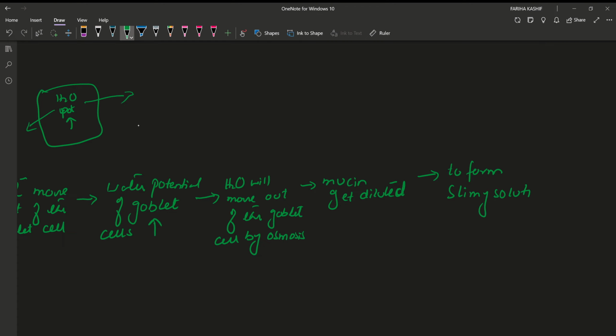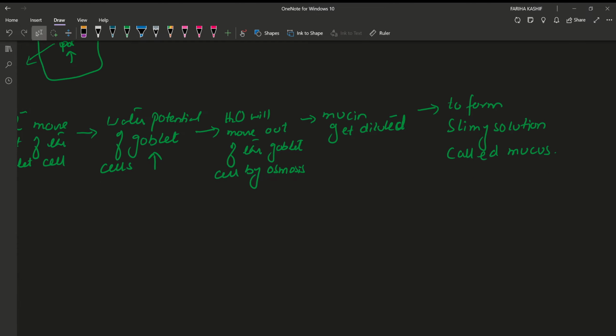Now this slimy solution is called mucus. So is this clear? How is mucin converted into mucus? Now what is the function of the mucus? Mucus is also sticky, but it is not very thick and not very sticky; it is a sticky fluid-like structure.